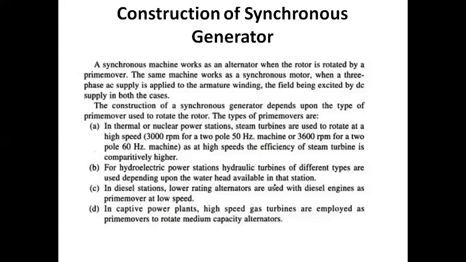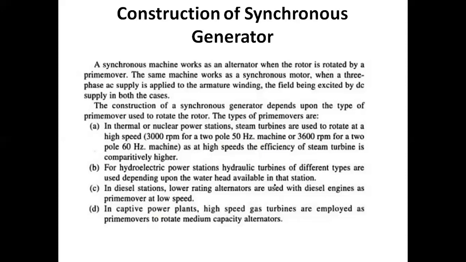For hydroelectric power stations, hydroelectric turbines of different types are used depending upon the water head available in that station. In diesel stations, lower rating alternators are used with diesel engines as prime mover at low speed.